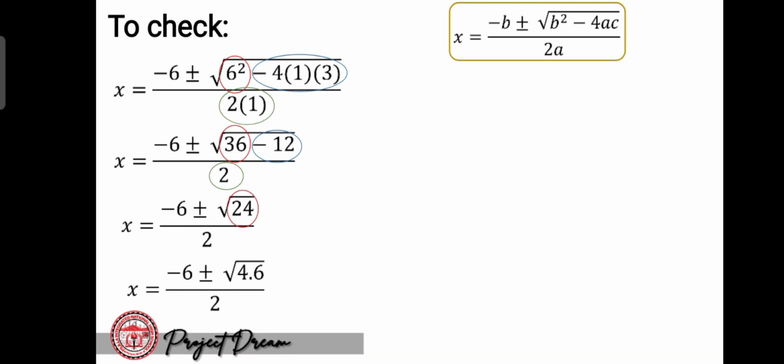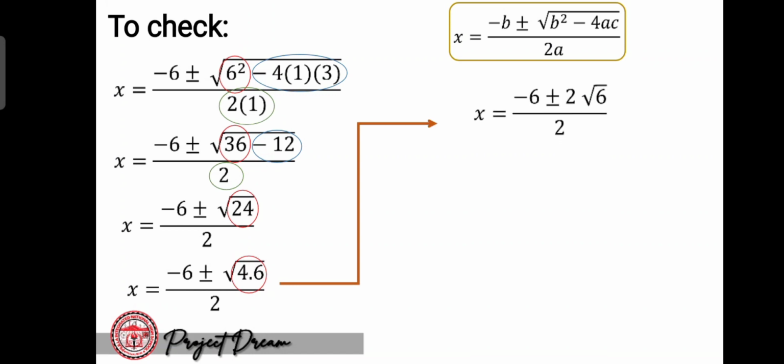So let us simplify. It becomes x is equal to negative 6, either positive or negative 2, because 4 is a perfect square, therefore the square root of 4 is 2. And then copy square root of 6 all over 2. So now, let us simplify.